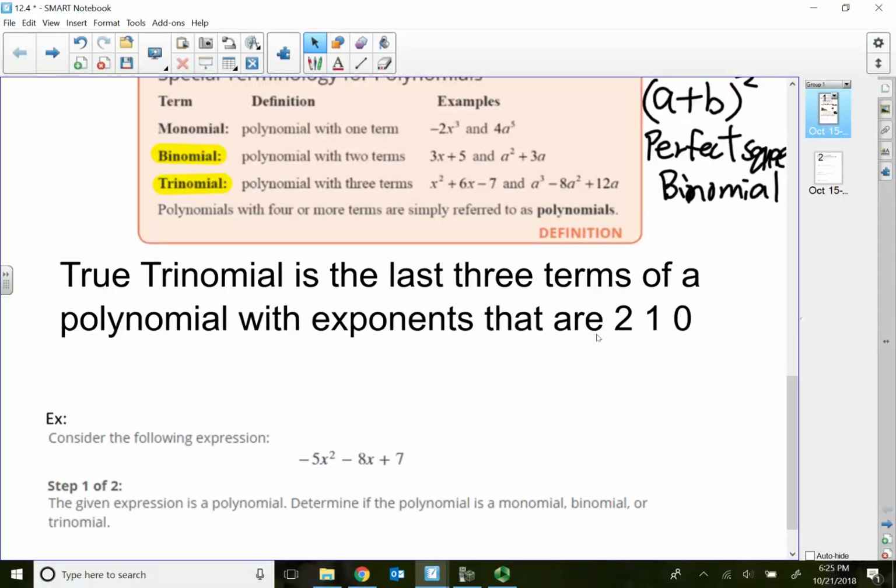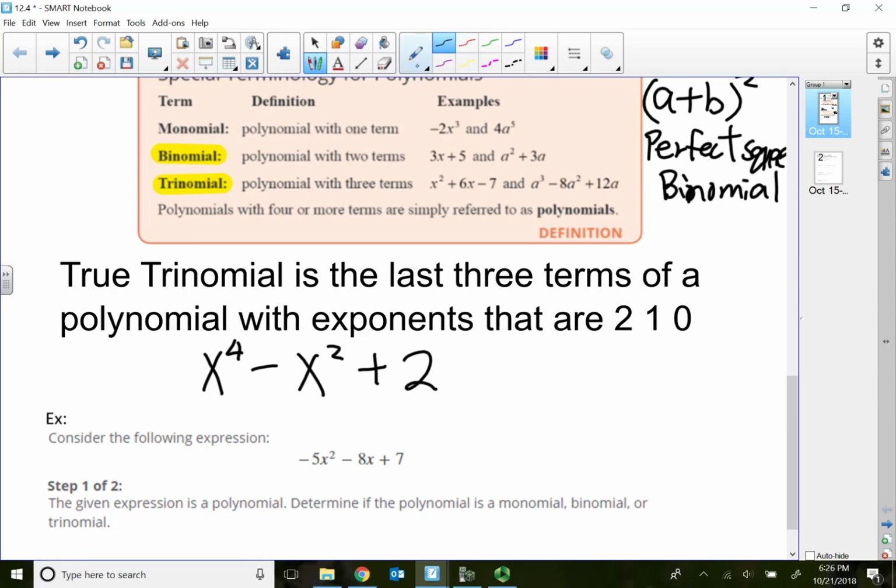Because if I say a polynomial here, x to the 4 power minus x to the second power plus 2, the exponents here are multiples of 2, 1, 0, which is 4, 2, 0.